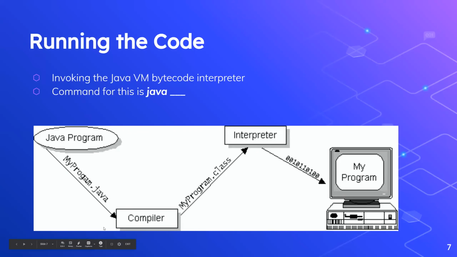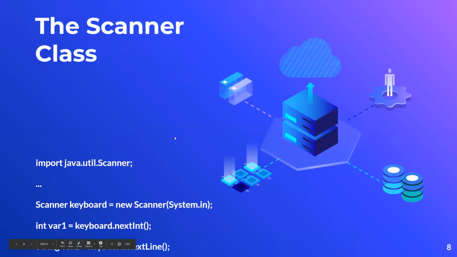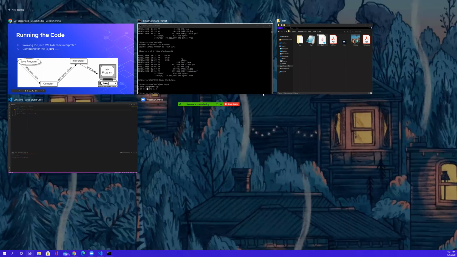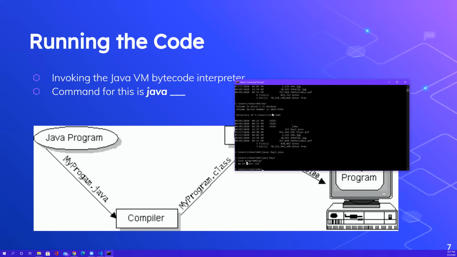Notice how we didn't have the .java extension while we're running the actual program. While we're using the JVM to convert into binary, we're just putting java space day3 over here.